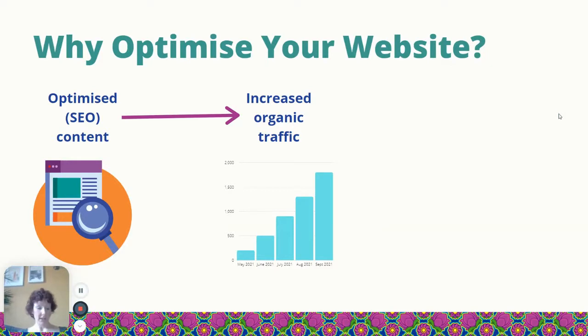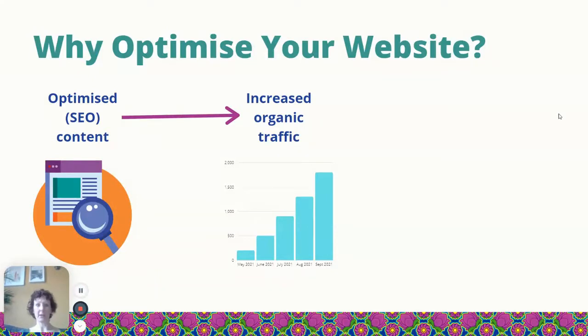Organic traffic is traffic that you haven't had to pay for, so it's not coming via an advert. And it's also not people typing in your name, right? So they're not typing Scottish Rock Garden Club or the Orchid Society of Great Britain into Google to find you. They're typing something much more generic to come to you via organic search.